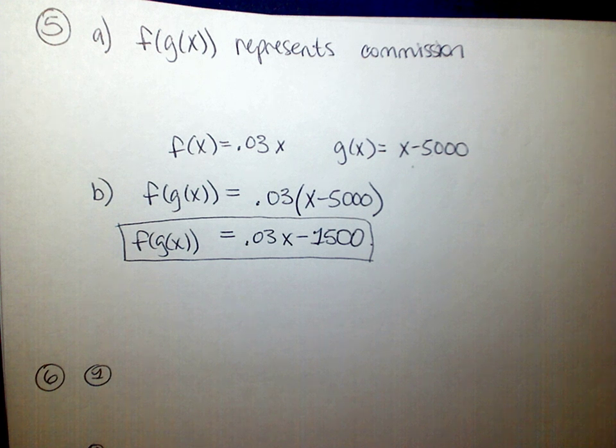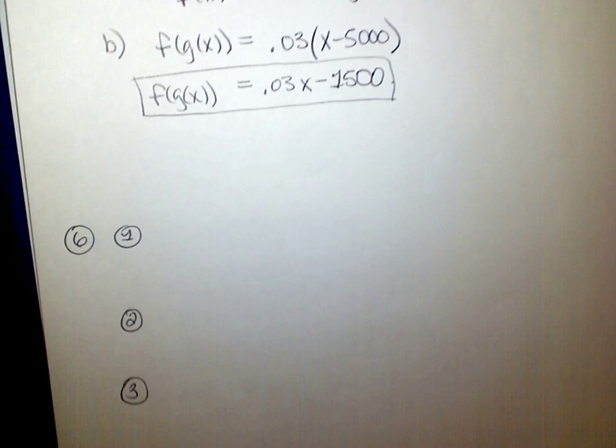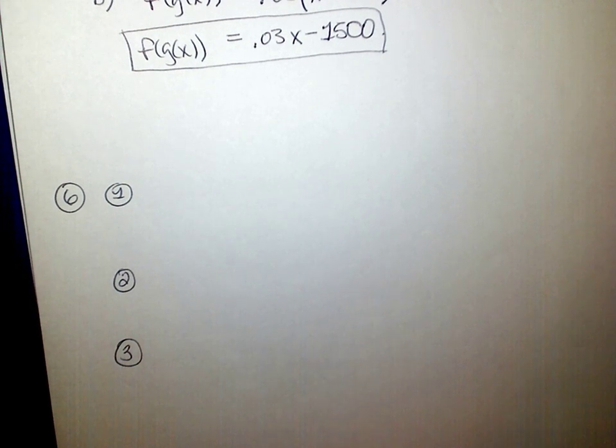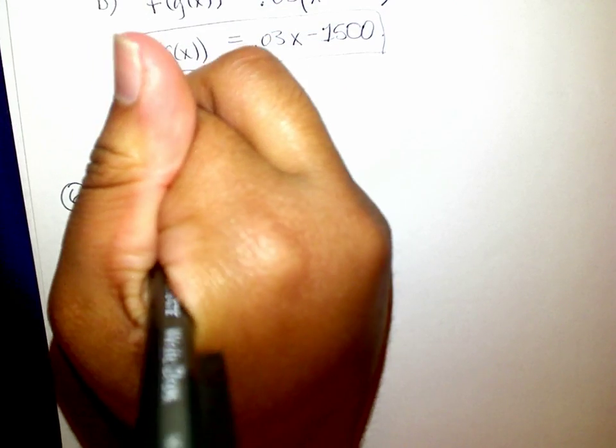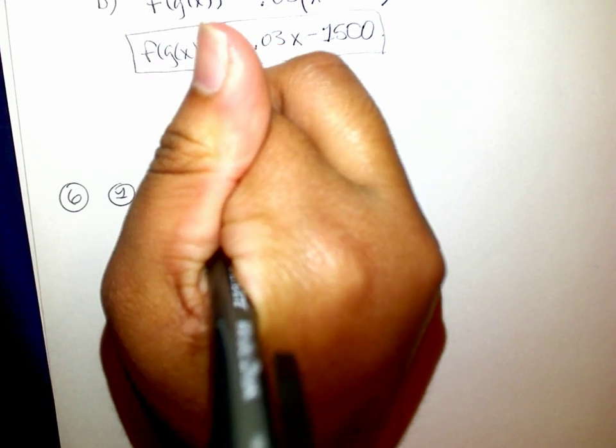Alright, in question number 6, it says describe 3 different ways of determining if two functions are inverses. The first way is to graph it.